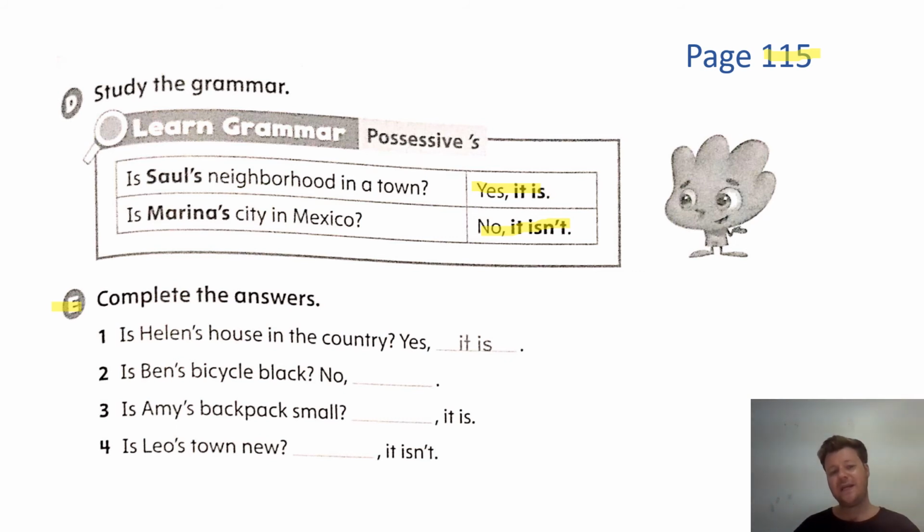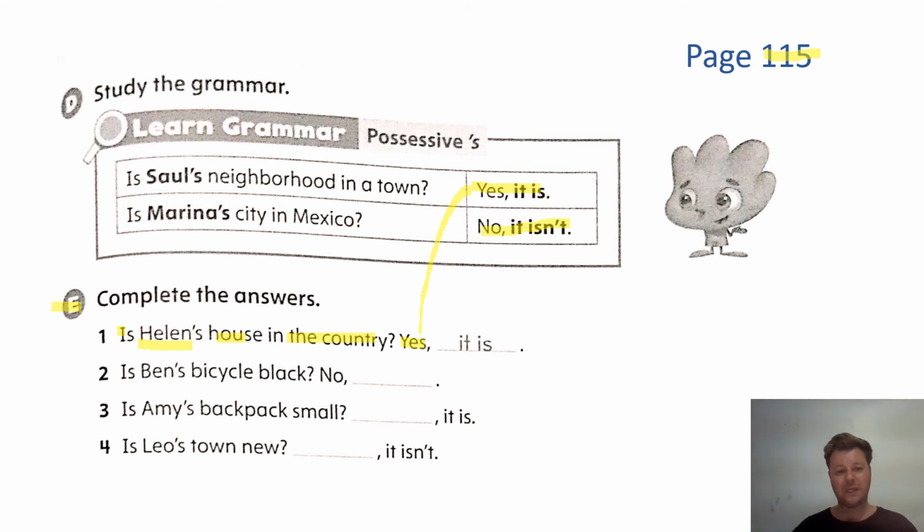So let's try example number 1. Is Helen's house in the country? Now we can see we have yes. So remember, when we see yes, we're going to answer, yes, it is.